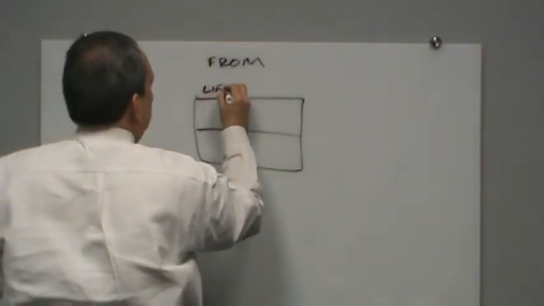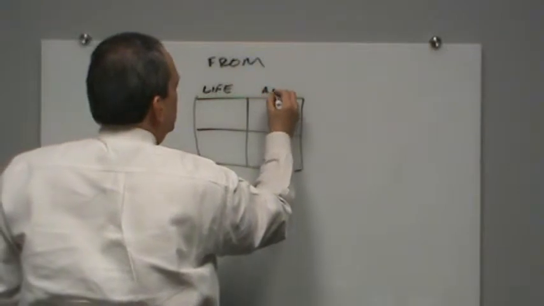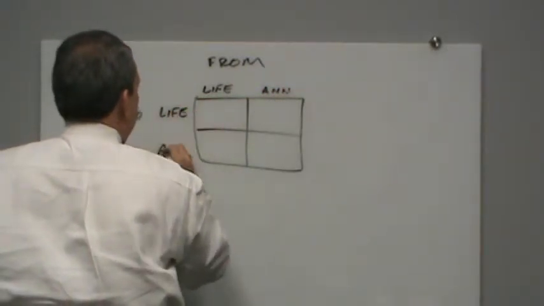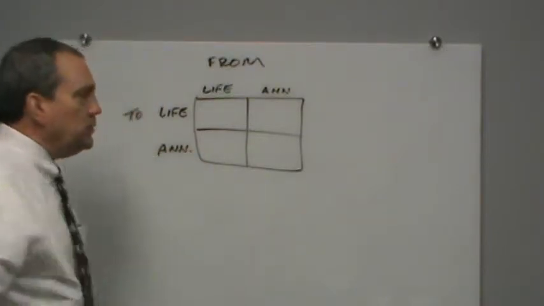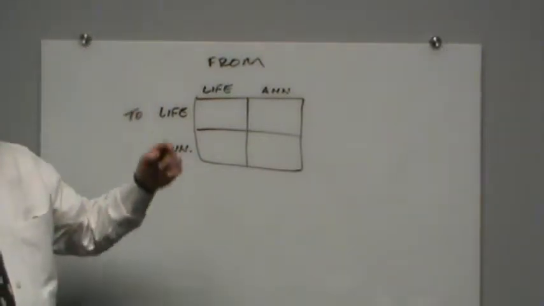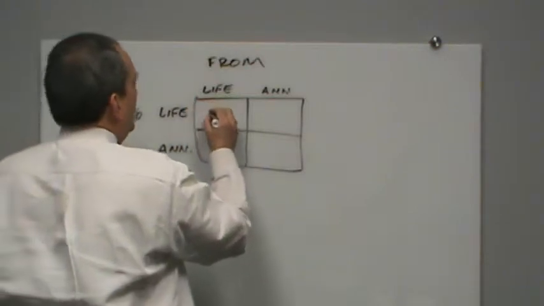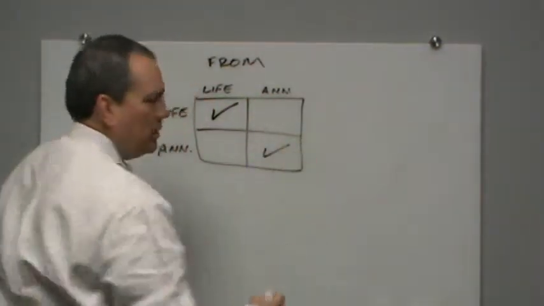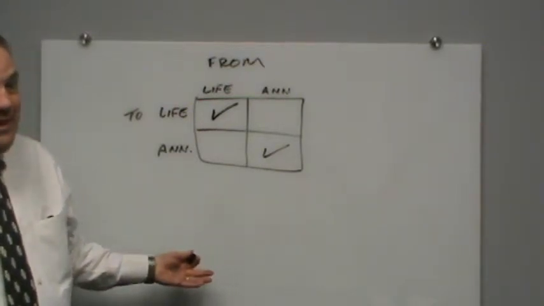Life, annuity. Life, annuity. Let's do the easy ones first, okay? You can go from life to life all day long. You can go from annuity to annuity all day long. That just makes sense, okay?